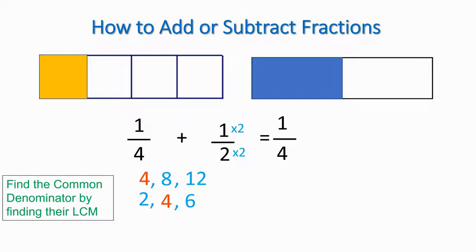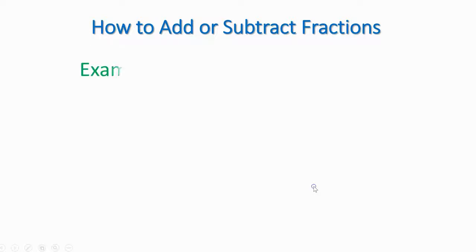So multiplying both numerator and denominator by 2, you have 2 times 2 for the denominator, which gives you 4, and for the numerator 1 times 2, that will give you 2. So I am now showing you that the second shape has been divided into 4 equal parts, making the 1/2 into 2/4. Copying the common denominator of 4 and adding the numerators, 1 and 2, gives you 3.